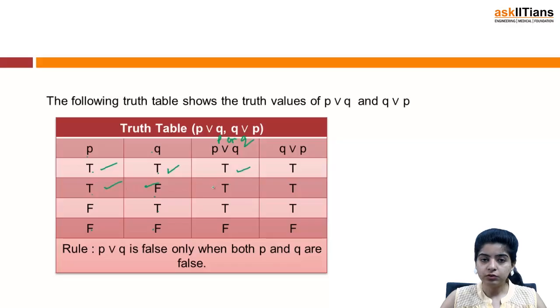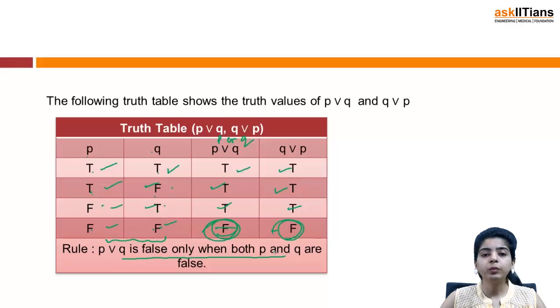True, false gives true; false, true gives true; and false, false is false. So you can see only in the case when both are false, you will get P or Q as false. And again Q or P: true, true is true; false, true is true; true, false is true; and false, false is false. So the rule is that it is false only when both P and Q are false, else P or Q is true.